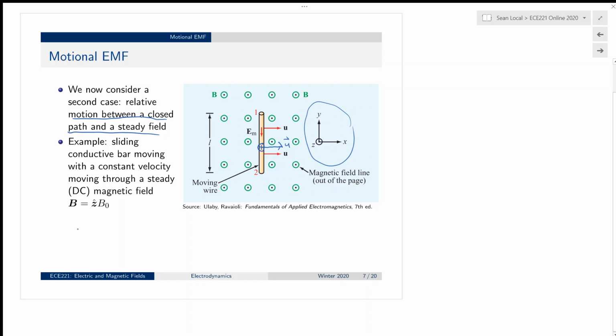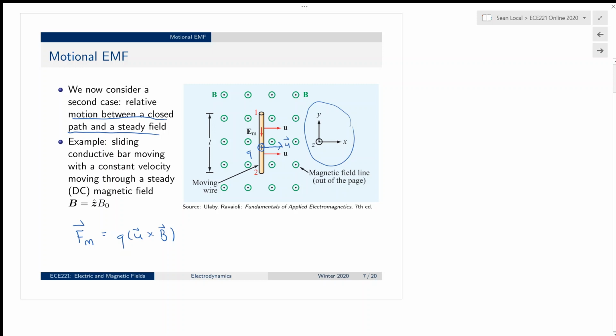And we know the value of that force. We'll write it down here. The magnetic force exerted on that charge, assuming it has a value Q, is Q times u, the velocity of the charge, crossed with B, the field that we have here.